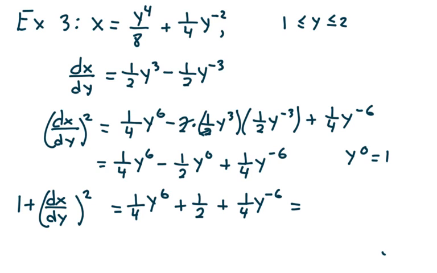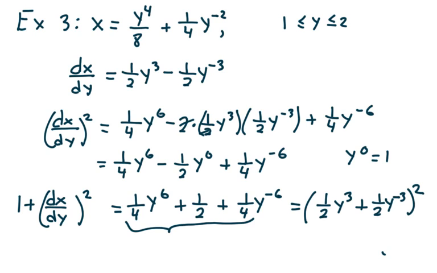Now, turns out what's interesting about this is that's going to be equal to 1/2 y to the 3rd plus 1/2 y to the negative 3 to the 2nd power. So this piece in the middle is a perfect square by design for this particular problem.